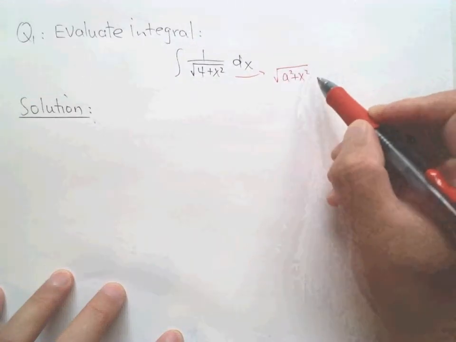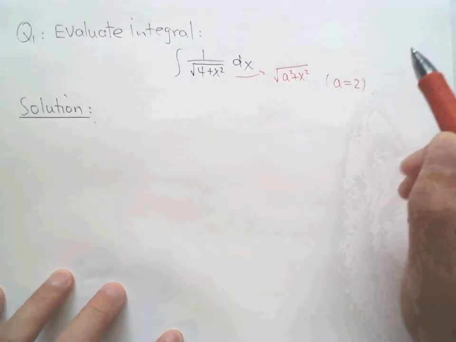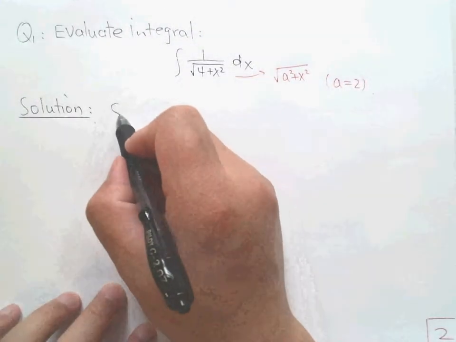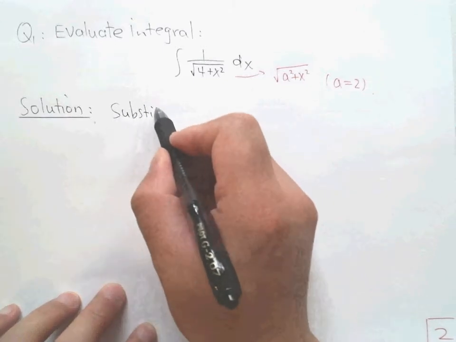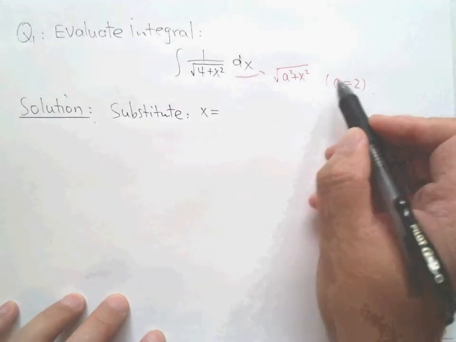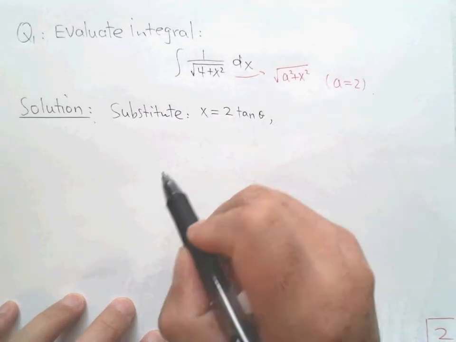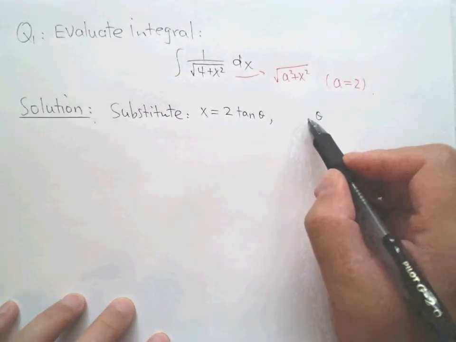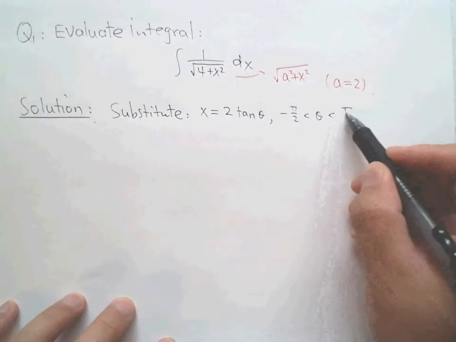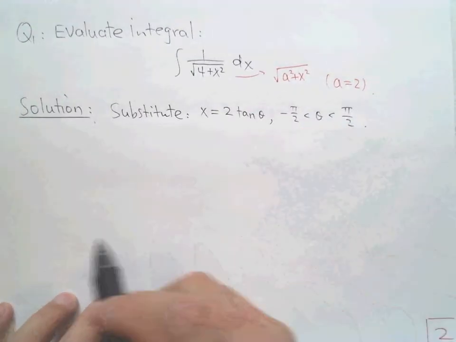What is a? We can see that this time a equals 2. Now we do this substitution: x equals a, which is 2, times tangent theta. The domain for theta is negative pi/2 to pi/2, not including the endpoints, because tangent has no definition there.